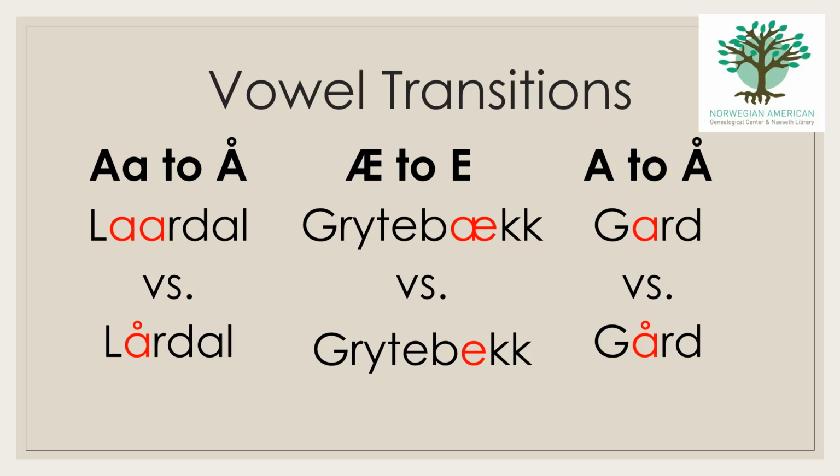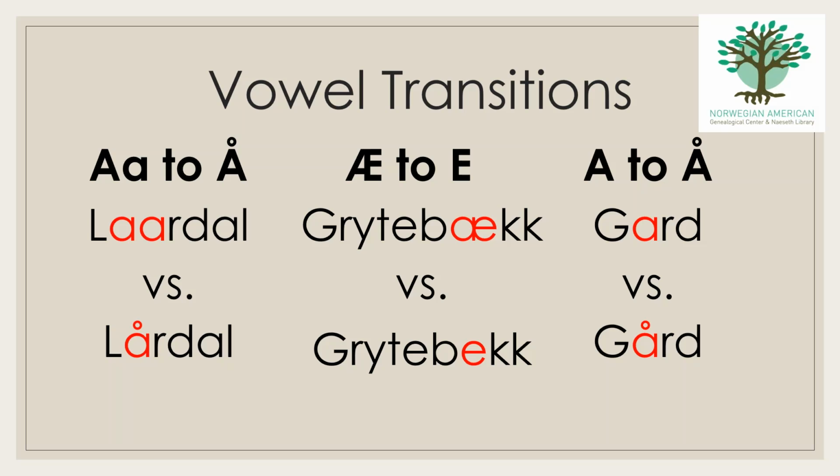And same thing is true with just a single A. Sometimes it was just spelled with a single A rather than a double A. So we have to be kind of flexible in our mind when it comes to the letter Å. And sometimes when you're looking for a farm name, like this Gretabeck example here in the center, my ancestors came from this farm. It's in Telemark.